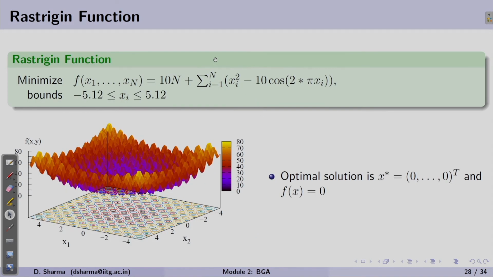The third example which we have taken is the Rastrigin function. This function can be represented in n number of variables. Now since these terms are added into the objective function, this will create a lot of local minima. All the variables are lying between -5.12 to +5.12.